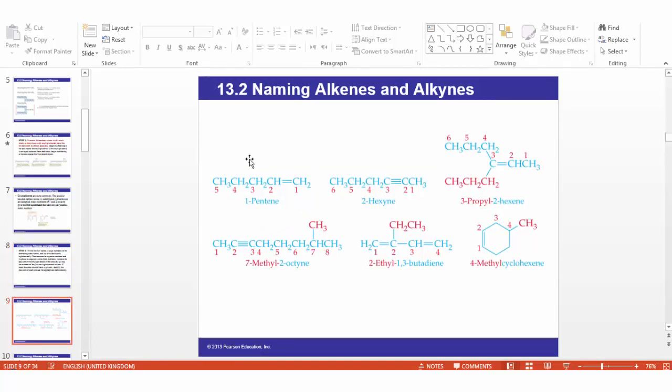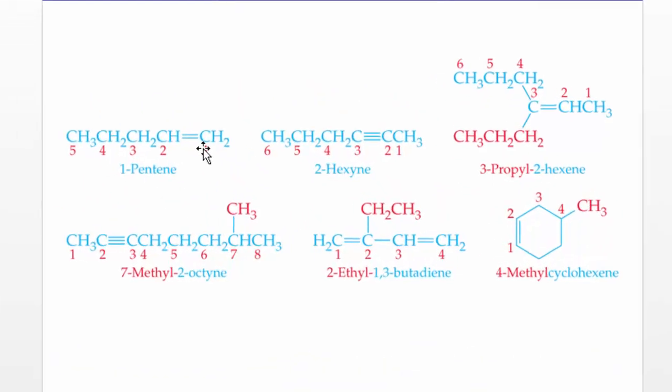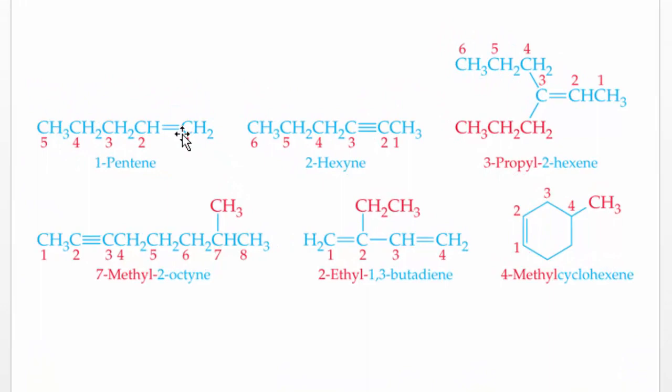So these are the compounds that we saw before. Let's name them. So we begin from this end because the double bond here is at number 1. We must give it the smallest number. So this is pentene, but it is 1-pentene.